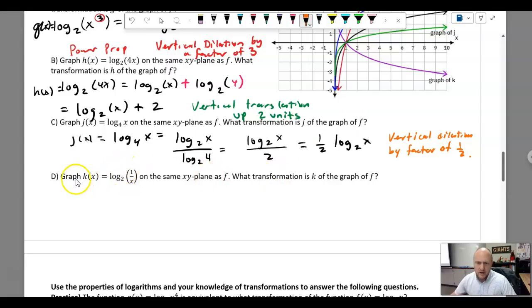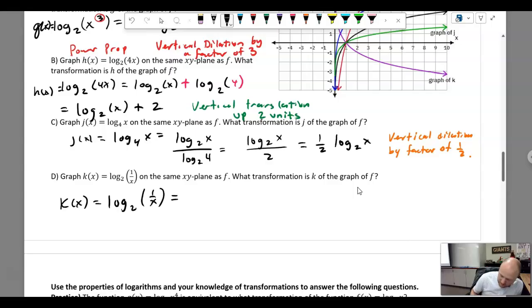Okay, last one. Graph k of x equals log base 2 of 1 over x on the same plane as f. What transformation is k of the graph of f? Okay, again here, for k of x, I have log base 2 of 1 over x. I'm going to use the negative exponent property to make this x to the power of negative 1.